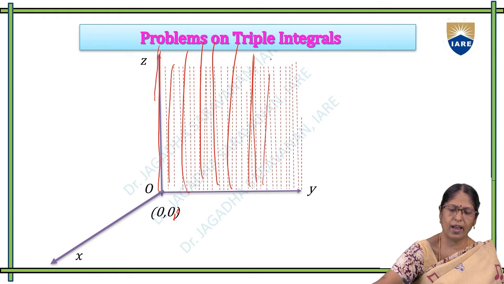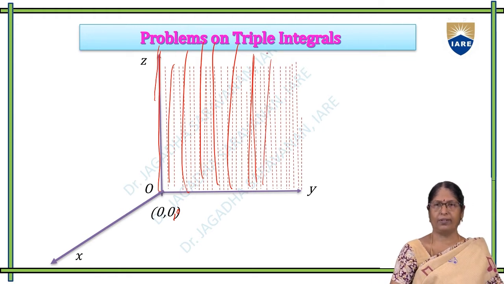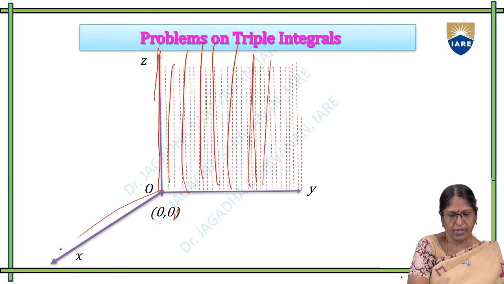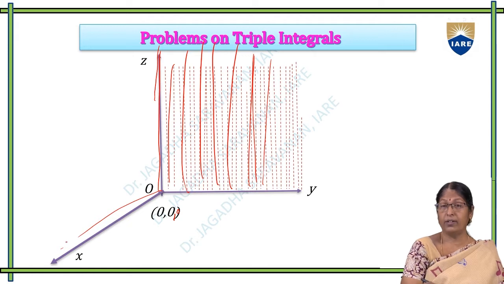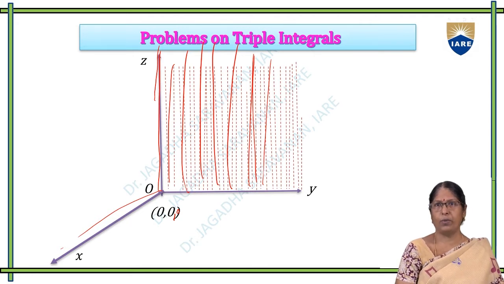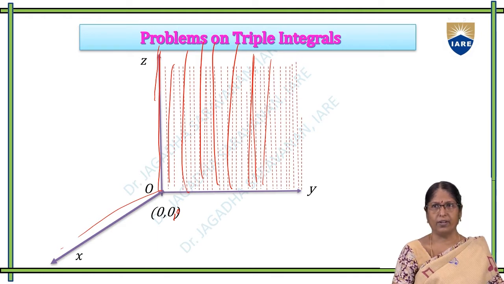The vertical lines represent that. And in the same way the x direction, the third dimension, also extends, and the lines are extended accordingly.